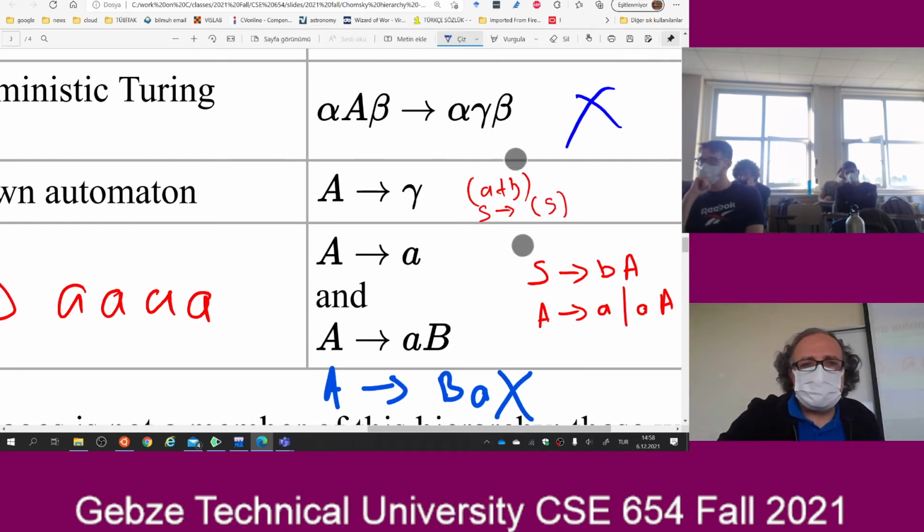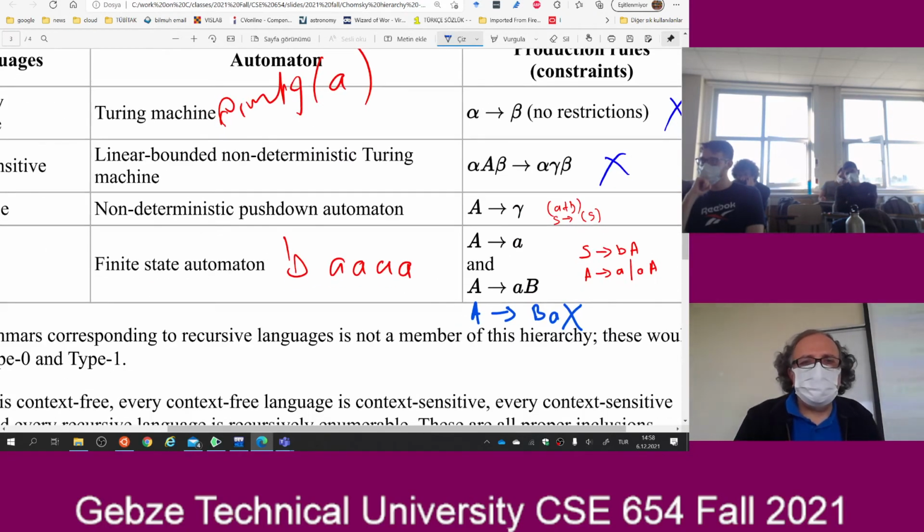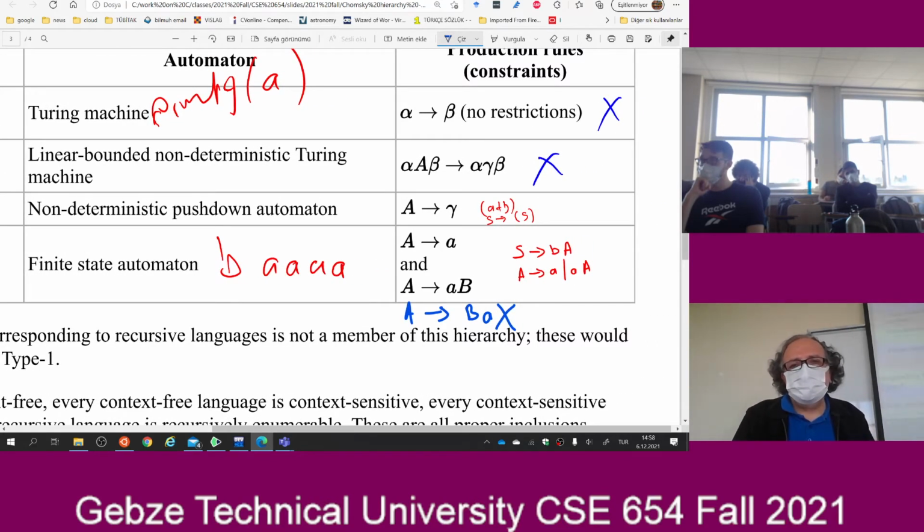To parse these kinds of things, your regular compilers will not work. A linear bounded non-deterministic Turing machine will solve it. This one will be a non-deterministic push-down automata. And then no restrictions for the left and right. Anything can happen on the left and right, so you need a Turing machine.